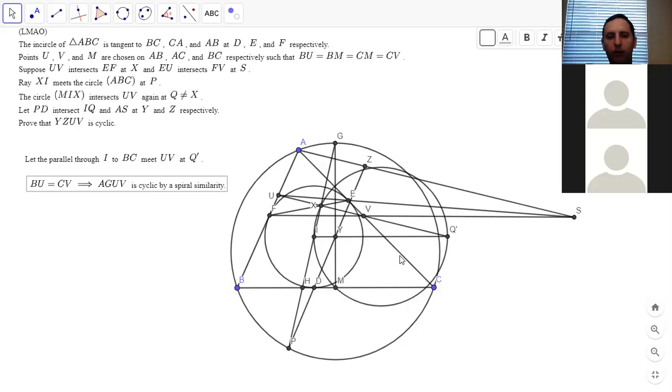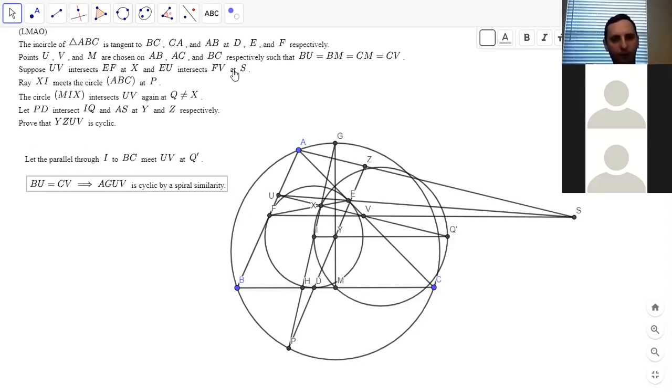And then, okay, first we want to show that I lies on that circle, but that's true because I is on the perpendicular, so we have IM equals IV, and IM equals IU.